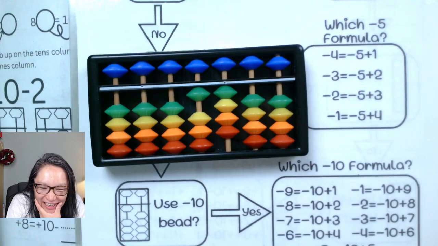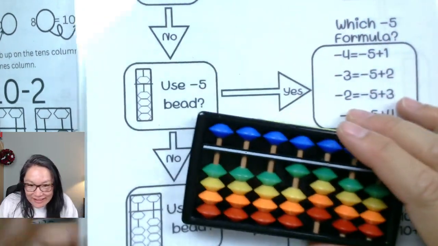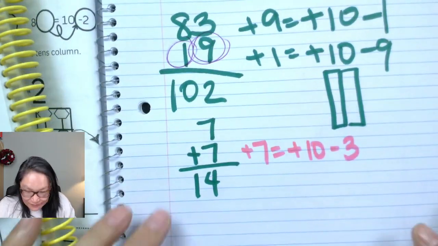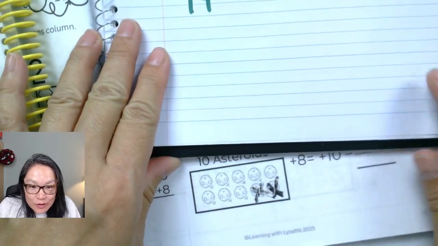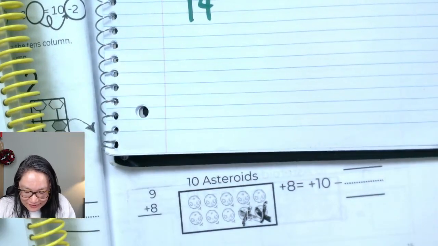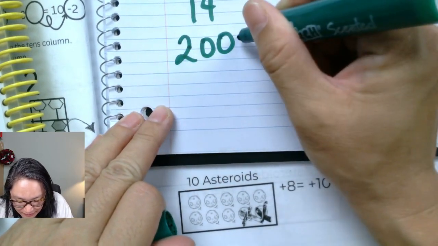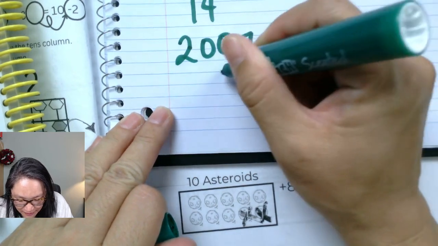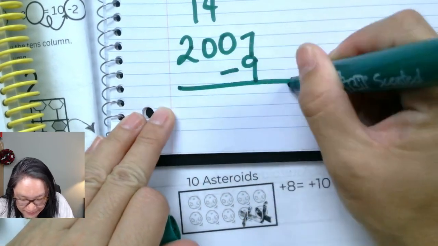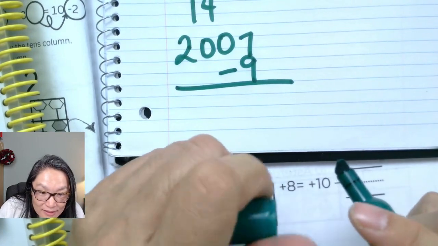Oh, thank you. It's easy, Laura. I'll show you. That's a good question. Let's do minus, right? 2007 minus 9.